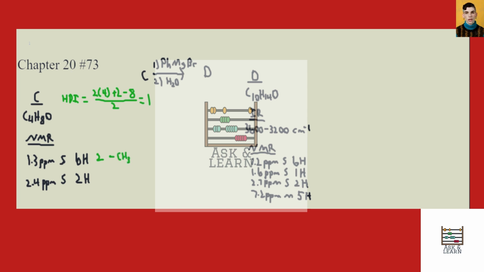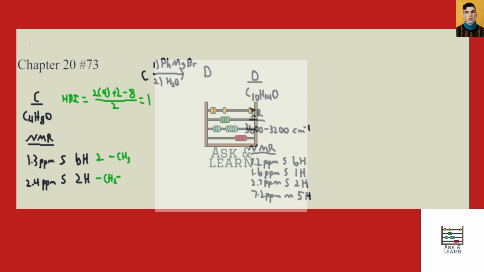And then we have a singlet at 2.4 ppm with an integration of 2. This is probably a CH2. Both of these have no neighbors. So a 4-carbon molecule with a double bond or a ring and an oxygen in it.